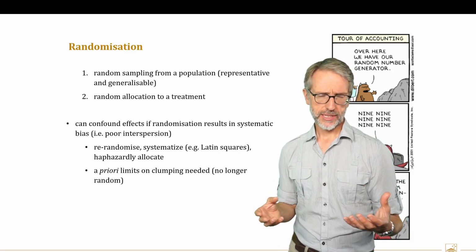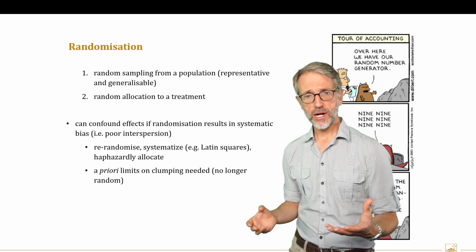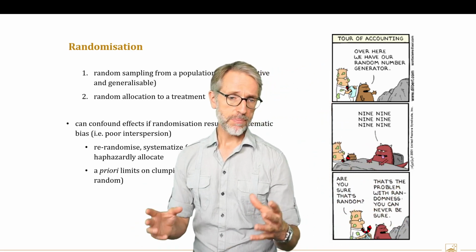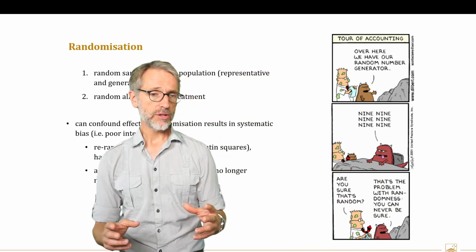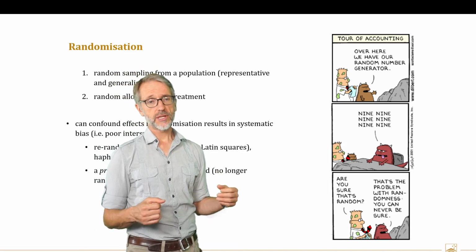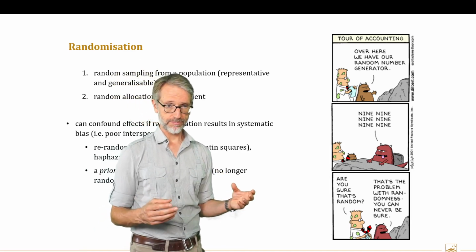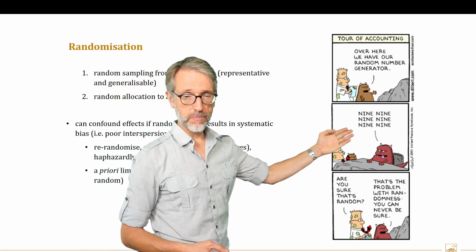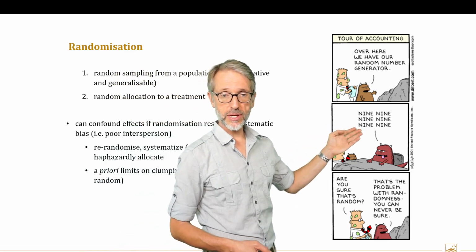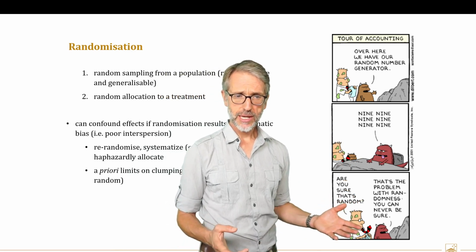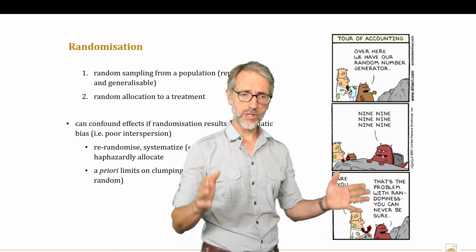What that reflects, and that is a product, much like the Dilbert cartoon behind me, that is a product of randomization. And it is referred to as an interspersion problem. So this example here of the random number generator that keeps spitting out the number 9, which is a possibility, that is poor interspersion.